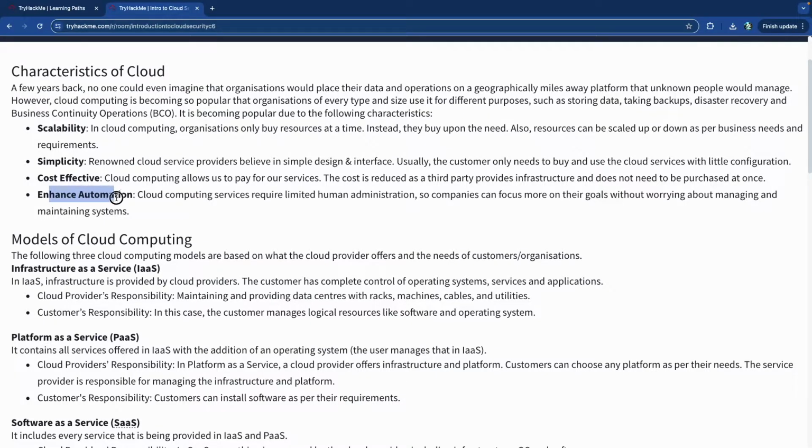And then you have enhanced automation. There's a lot of great automation that comes with most cloud computing services, that limits human administration. If you need to scale something up, you can just click a button and it'll scale it up when it reaches its capacity.